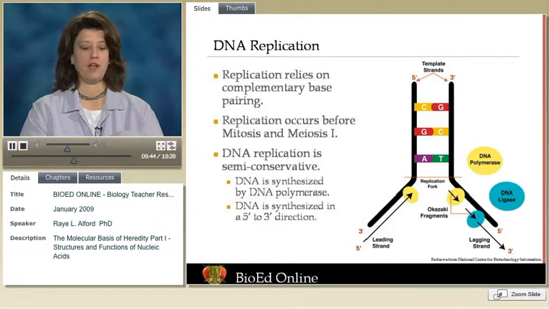On the leading strand, DNA is replicated in long 5' to 3' segments. However, on the lagging strand, DNA synthesis must proceed 5' to 3' in short fragments called Okazaki fragments. Okazaki fragments are believed to be about 1,000 to 2,000 base pairs in length and are joined together by enzymes called ligases to complete replication of the lagging strand of the DNA molecule.